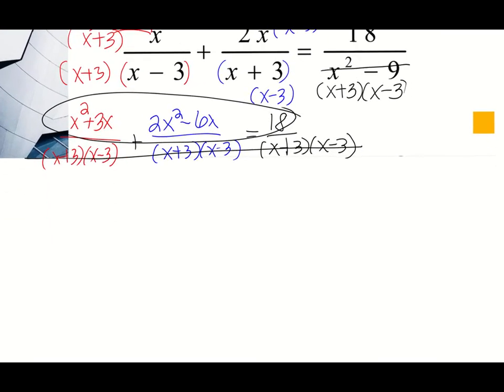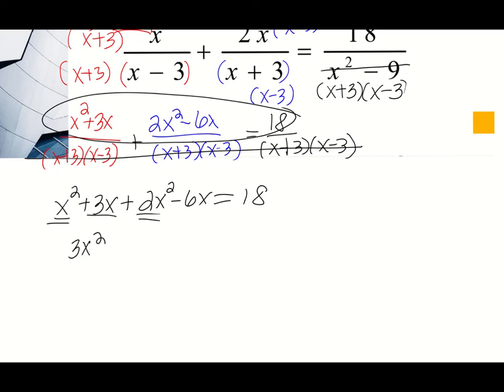All right, so if I solve the top, I have x squared plus 3x plus 2x squared minus 6x equals 18. On the left side, I'm going to see, can anything go together? Well, I have 2x squareds, so those can go together. So 1x squared plus 2x squared gives me 3x squared.